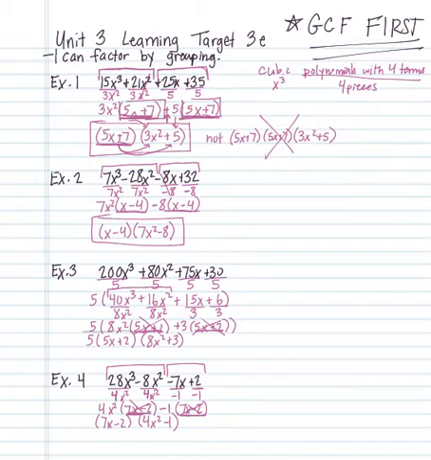Alright, and this is where we've stopped on the other ones, but this one has an extra piece to it. If you didn't realize it at first, 4x squared minus 1 is a difference, because it's subtraction, of squares, because 4 is 2 squared and 1 is 1 squared.